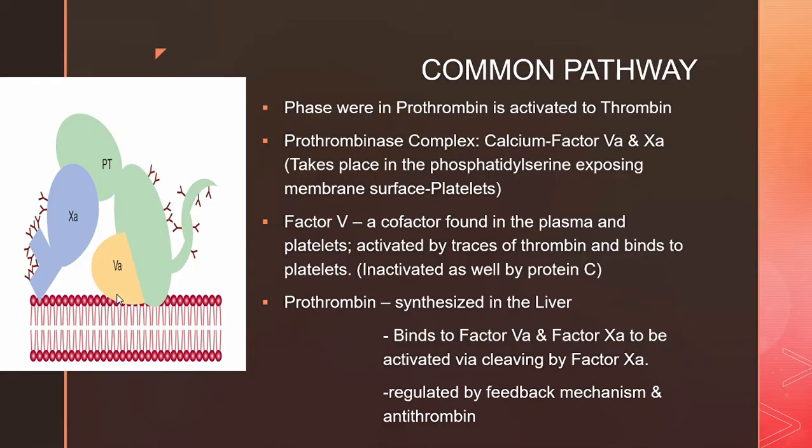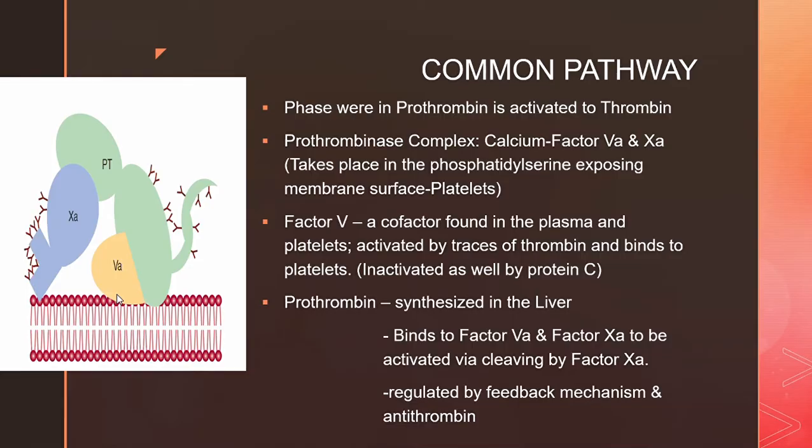When we say feedback mechanism, when the body senses that there is already a lot of thrombin, it will decrease the synthesis of prekallikrein, high molecular weight kininogen, and other factors so that only a little thrombin gets activated. That is your feedback mechanism. Now, antithrombin is a direct enzyme inhibitor of your thrombin. It is a direct reaction. So those are regulatory functions regulating prothrombin.